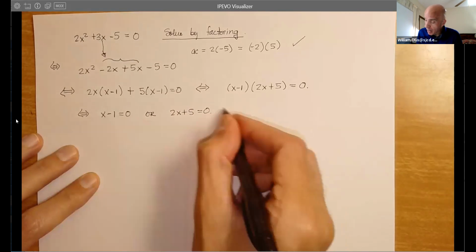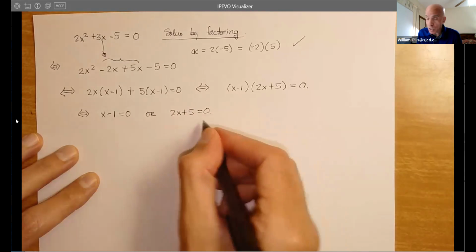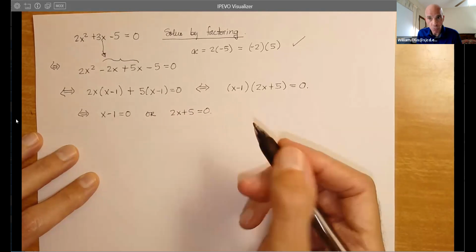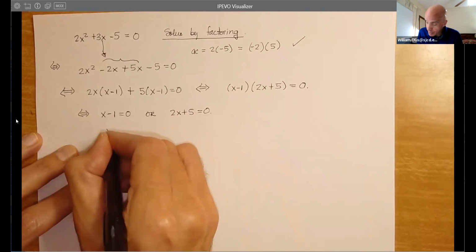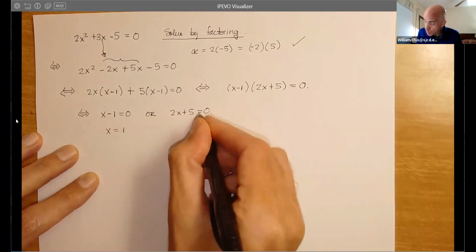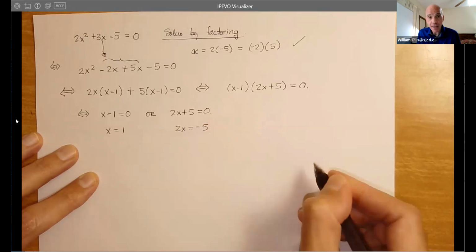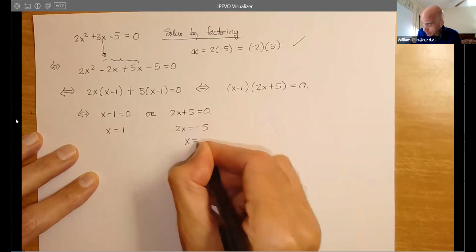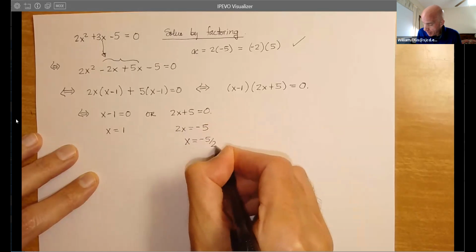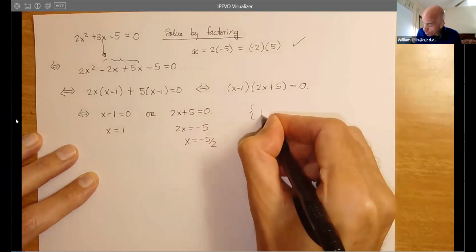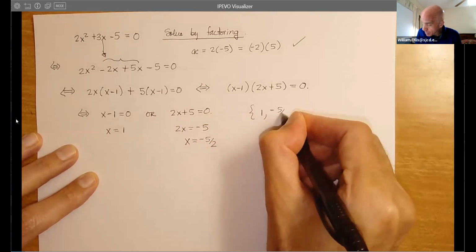So by solution of equations that are first degree, we're good at that. Add 1 to both sides. Now here, subtract 5 from both sides. Again, very basic mathematics. And then divide by 2. And so now our solution set is 1, negative 5 halves.